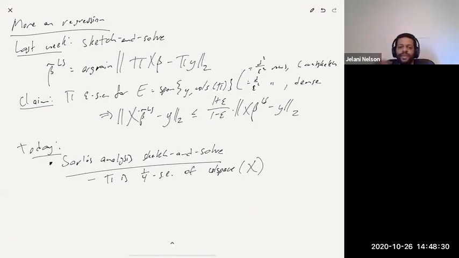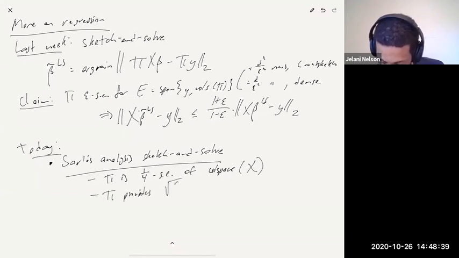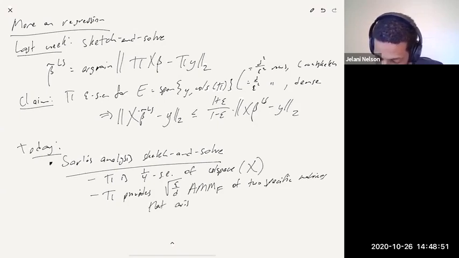And he needs that pi provides root epsilon over d approximate matrix multiplication with respect to the Frobenius norm of two specific matrices that arise in the analysis.